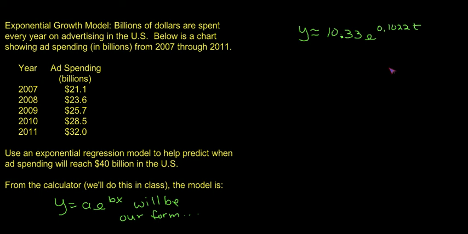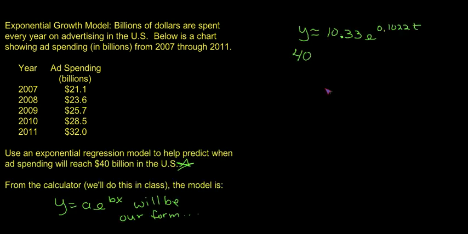So, a couple things that we have to do on this one. One of the questions that they wanted to ask down here: when would we predict that ad spending will reach $40 billion in the United States? So if we take a look at our formula here, the y is going to be our end amount, so that's where our 40 is going to go, in terms of 40 billion.